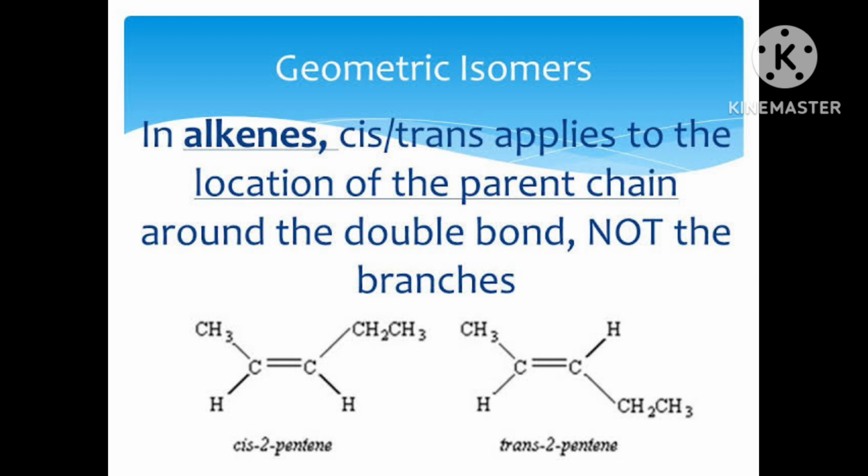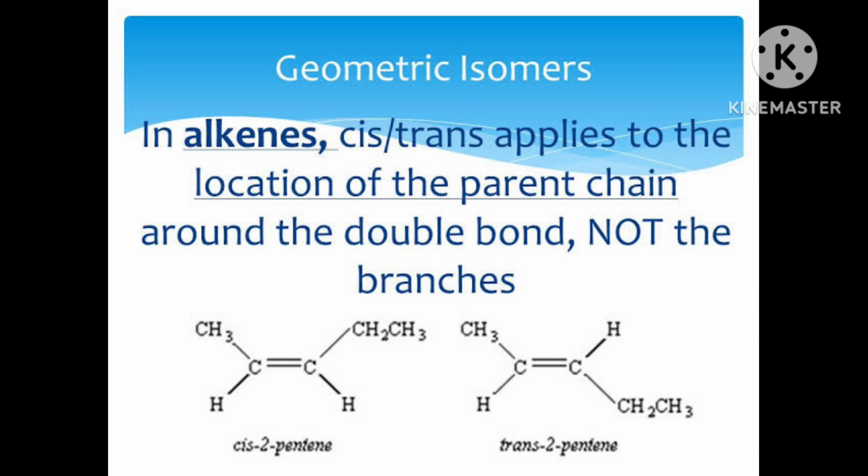Thus, cis and trans isomers have the same structure, but have different configuration, or you can say arrangement of atoms or groups in space.